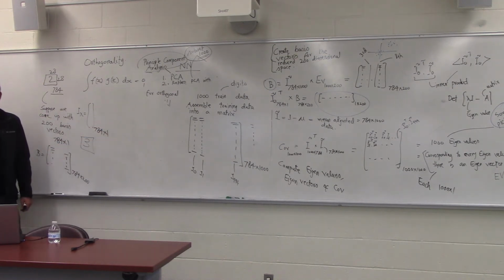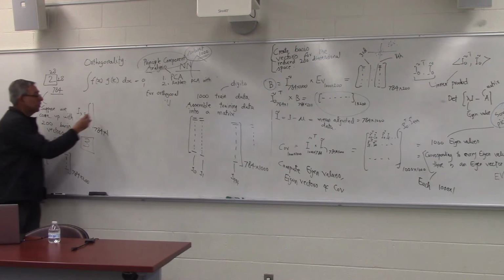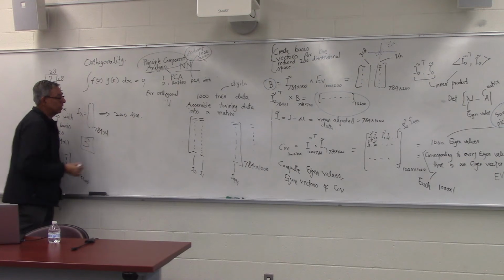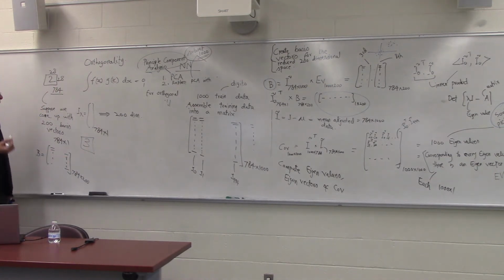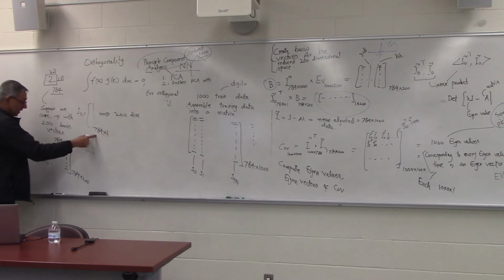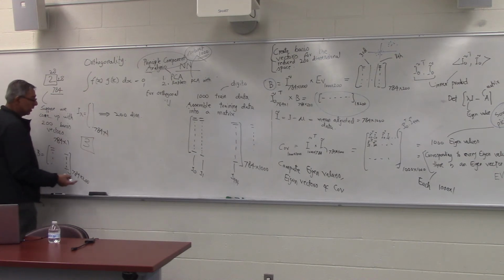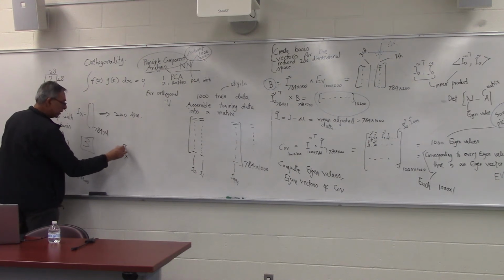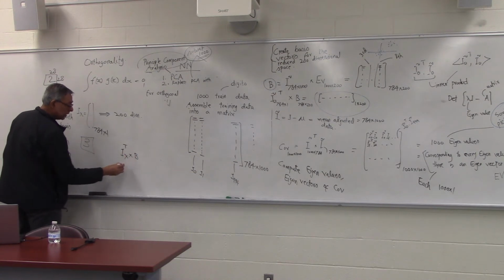Now let me ask you the next question. I want to reduce it to 200 dimensions. How will I do it? Multiply with the bases, exactly. So this is 784 by 1, right? So if I did I X transpose times the bases, so this will become 1 by 784, right?